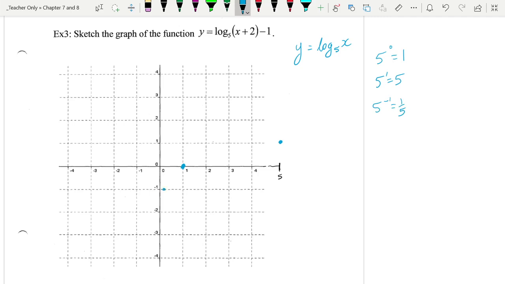I don't know if that's about a fifth or so. Does that look reasonable to you? So I'm going to actually put those down as points now. So I have the points 1, 0, when x is 1, y is 0, 5, 1, and 1/5, negative 1. So there's the 3 points that I've just graphed.